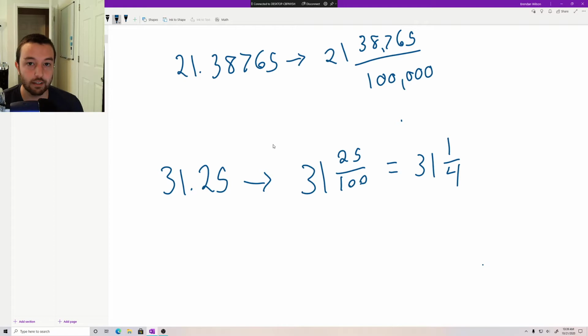Because you could take a 25 out of the top and the bottom. Okay. So this should make sense because 31.25, that's like $31 and 1/4. And that's exactly what 1/4 means, right? You need 4 quarters to make $1.